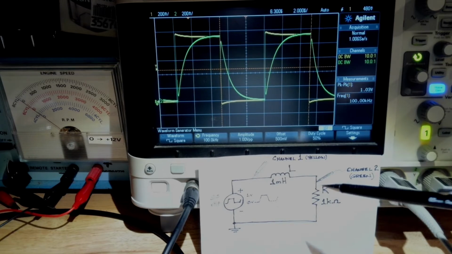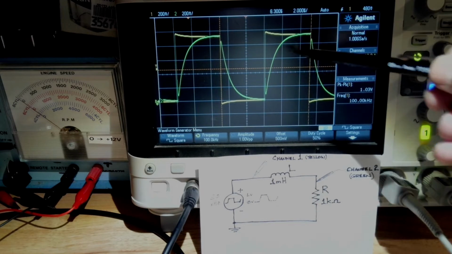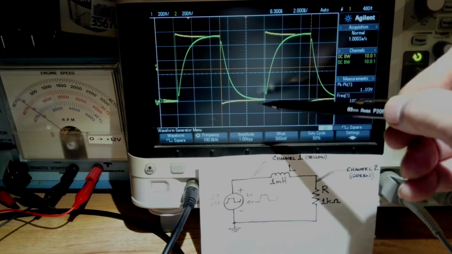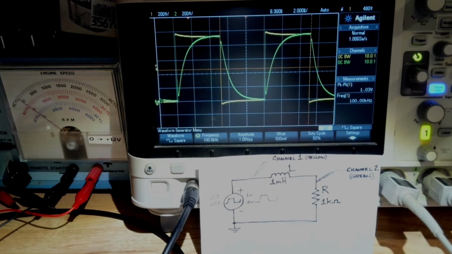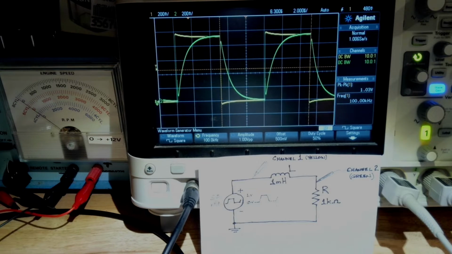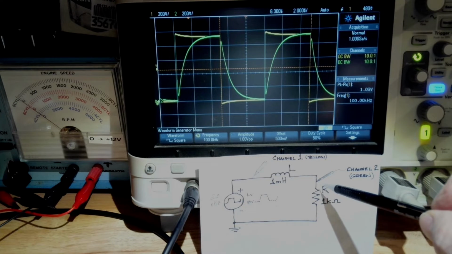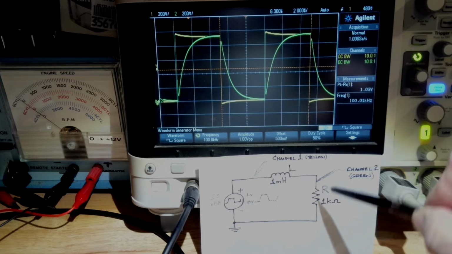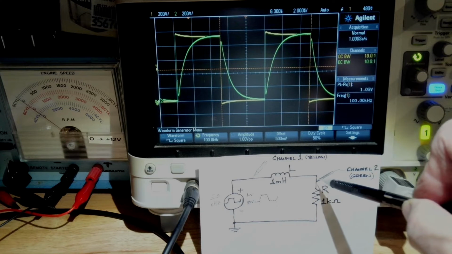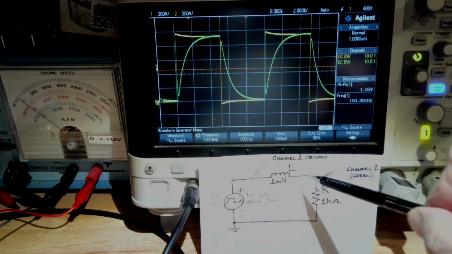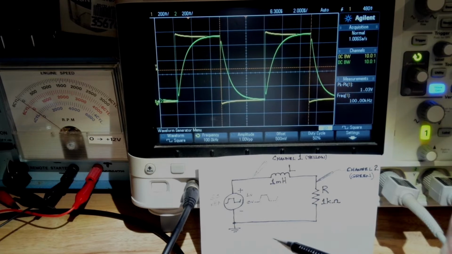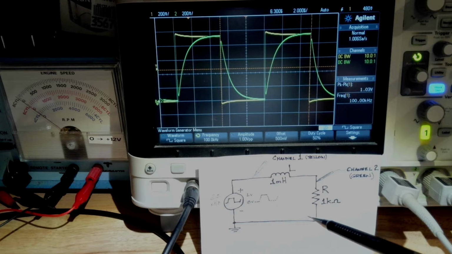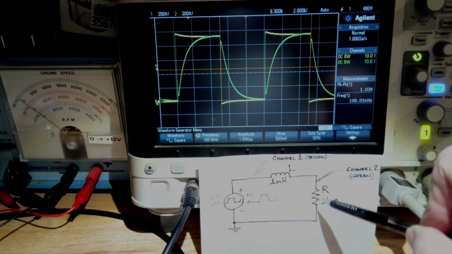So I can get an idea of what the current waveform looks like in this circuit by looking at the voltage across the resistor. Let me say that again. When I have a resistor in the circuit, and this resistor is tied to ground, so I can put my scope probe right here, as you can imagine, whatever current flows in this resistor, the voltage from Ohm's law is equal to the current times the resistance.